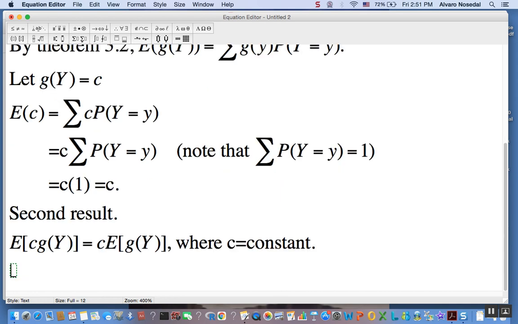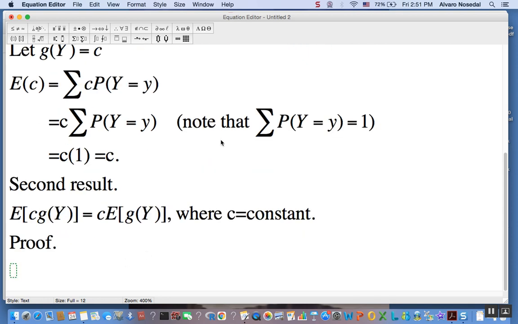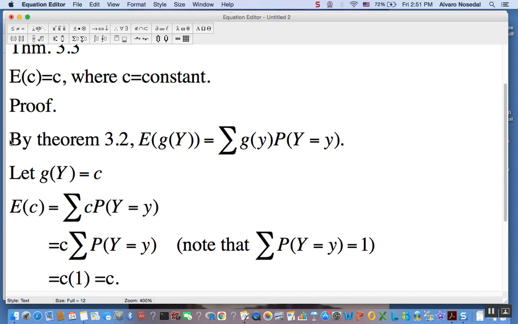Okay, proof. Again, by theorem 3.2 we know this, right?